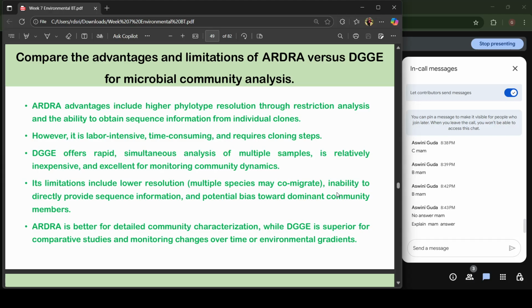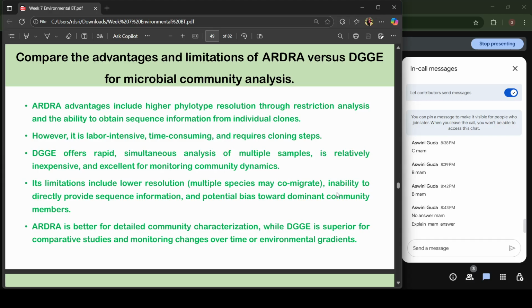So as we saw in one of the assertion and reasoning questions, if the GC content is going to be more or less similar, and the denaturation pattern is going to be more or less similar, then there are chances that we identify some organisms to be the same, but really they are different. So this is one disadvantage, and it cannot directly provide us with sequence information.